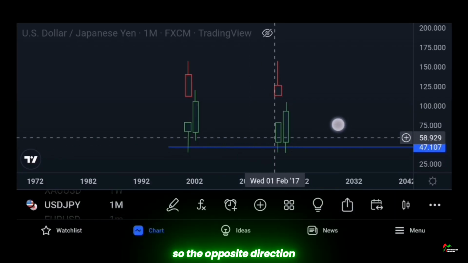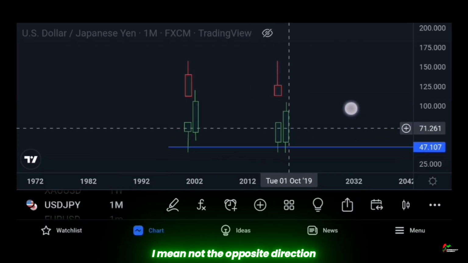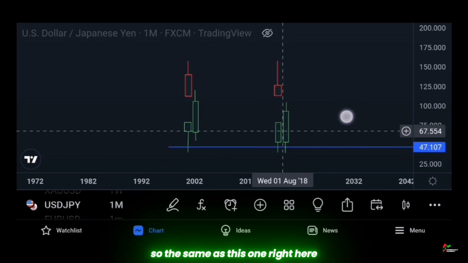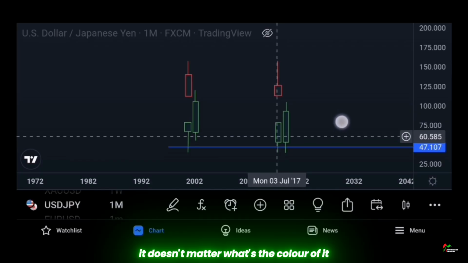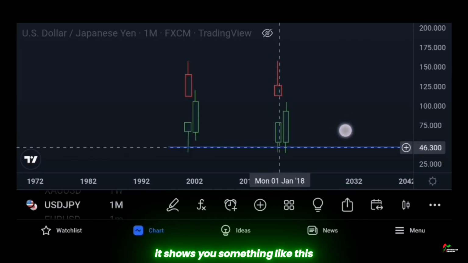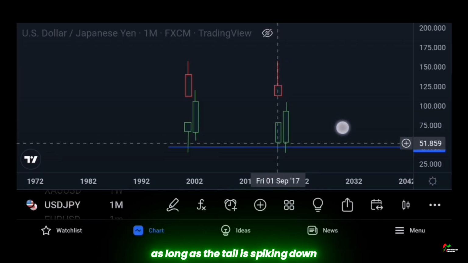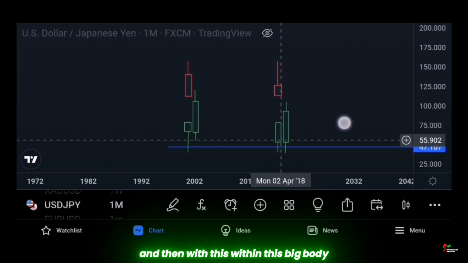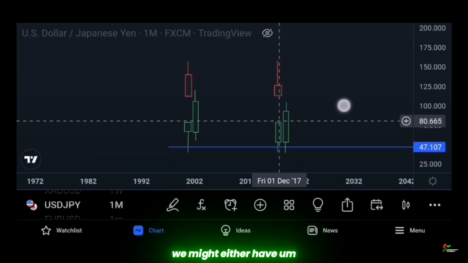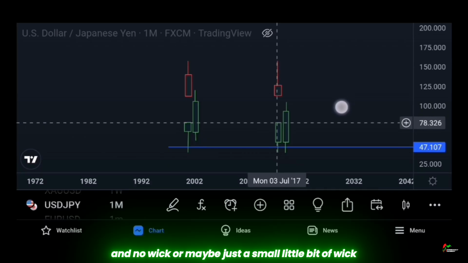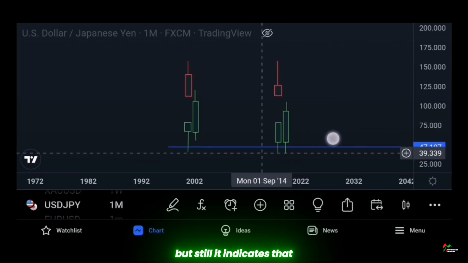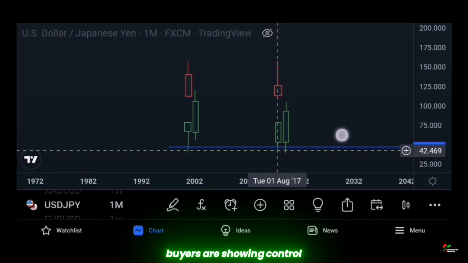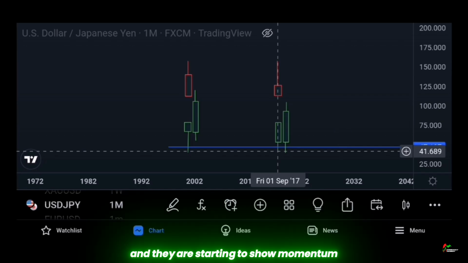It's the same as this one right here. It doesn't matter what the color of it is. As long as the candlestick shows you something like this, as long as the tail is spiking down, and then we have a big body, and within this big body we might have either no wick or maybe just a small bit of wick, it still indicates that the buyers are showing control and starting to show momentum.